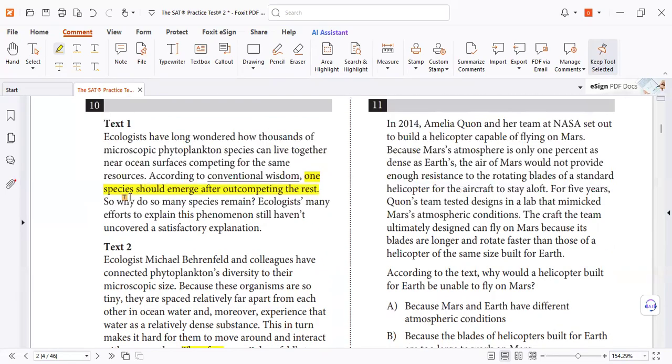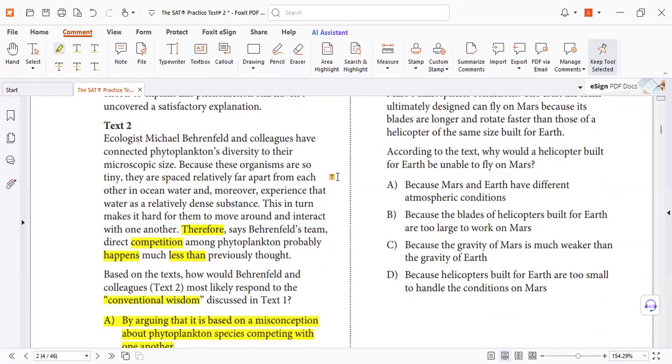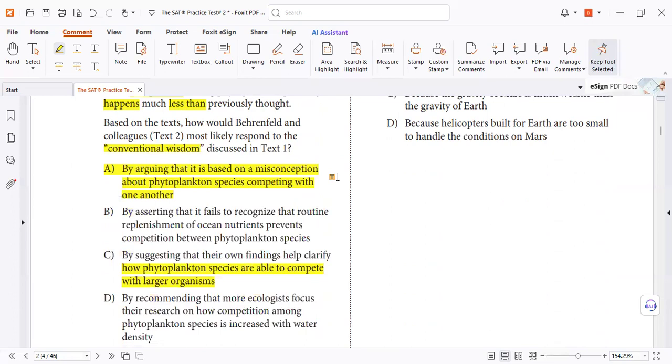Here he mentioned species should emerge after out-competing the rest. They said that the organisms compete with each other. Here he said competition happens much less. This means it's the opposite. Remember something: your answer is always in text 2. So any idea not mentioned in text 2, delete it.